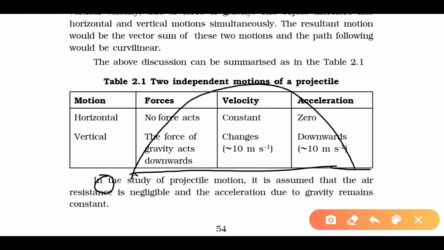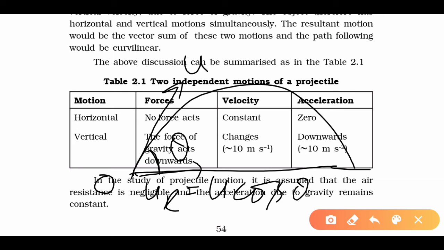Suppose an object is thrown with initial velocity u making an angle theta. The x component will be ux equals u cos theta, and the vertical or y component will be uy equals u sin theta. Clear?